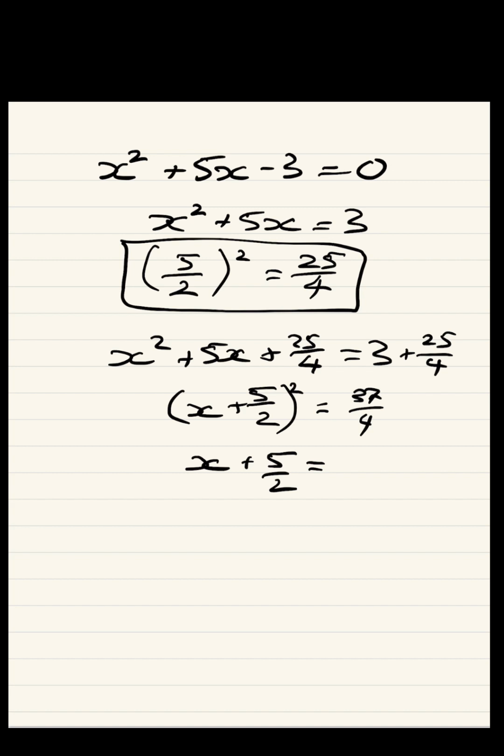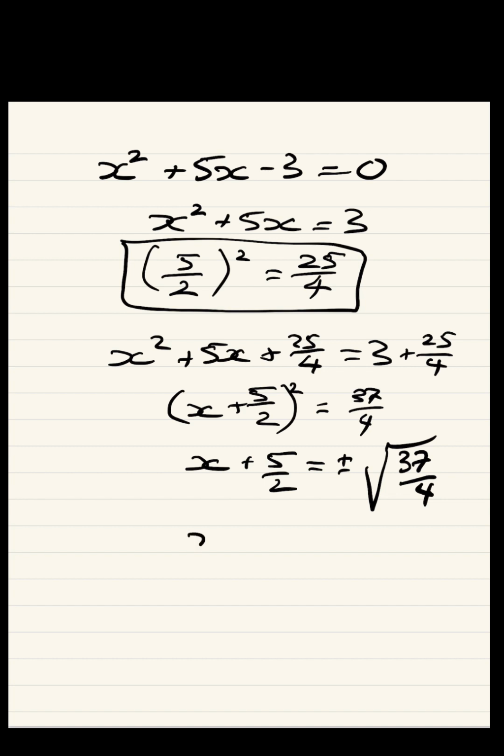So I'm going to have the positive and negative result of the square root of 37 over 4, which we can write, because we've got the square root of 4. Actually, I'll simplify it as we go on to the next step.